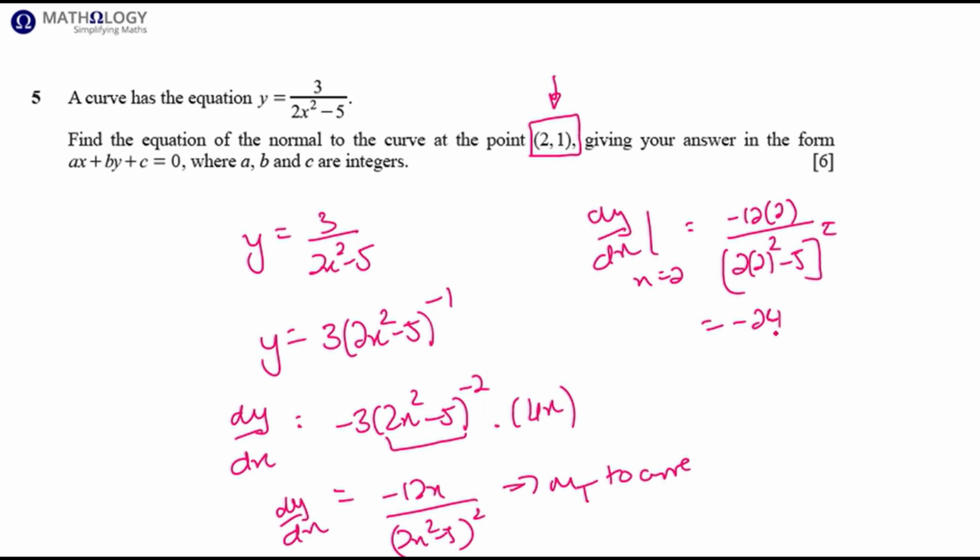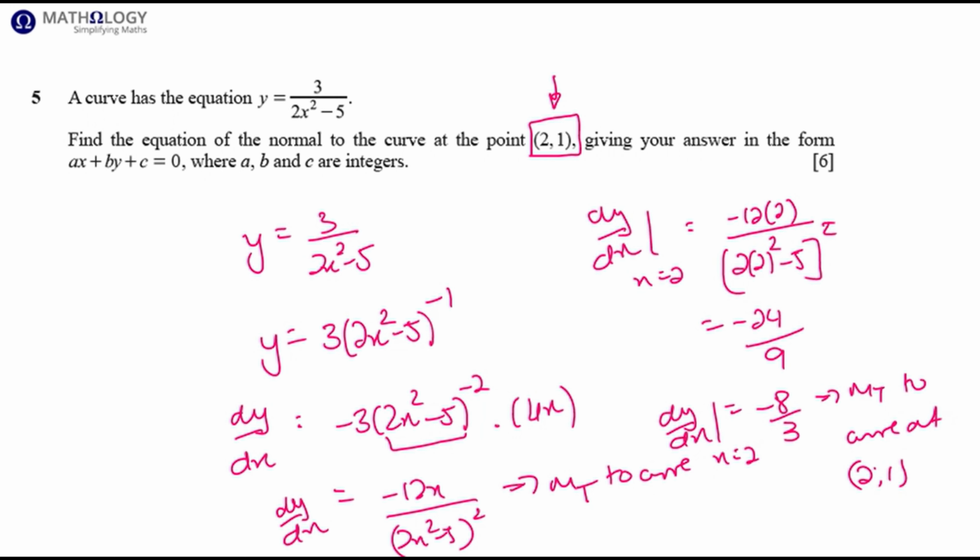Gives us minus 24 over 2 squared is 4, times 2 is 8, minus 5 is 3, 3 squared is 9. Minus 24 over 9 is simplified, minus 8 over 3. So this is the gradient of the tangent to the curve at the point 2, 1.